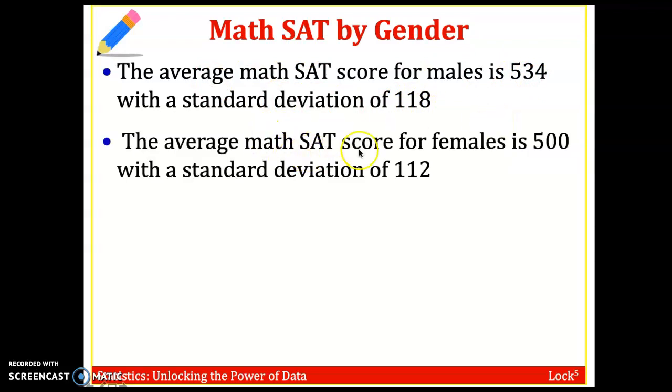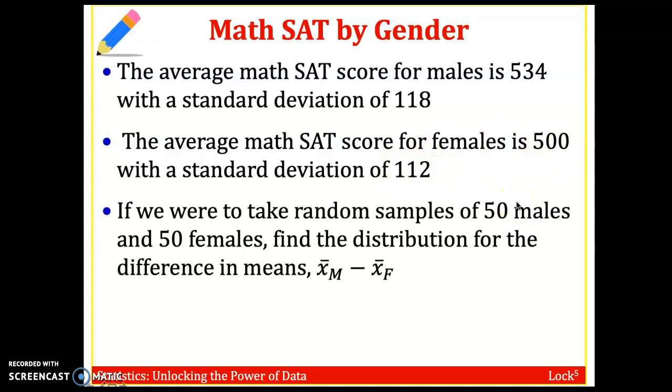The average math SAT score for females is 500 with a standard deviation of 112. Suppose we were to take random samples of 50 males and 50 females. We want to find the distribution for the difference of means between these two sample groups.